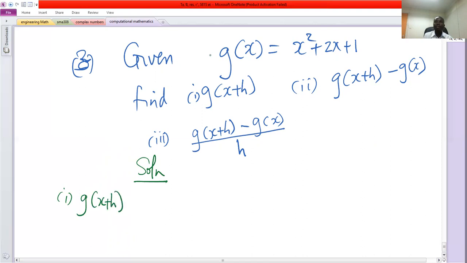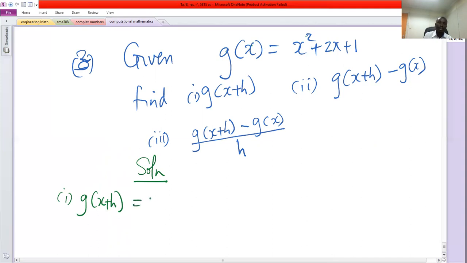Now, for this case, our machine is g. When you give it any input called x, it squares it, adds twice the same input, and then adds 1. So when you give it x plus h, it does the same job.